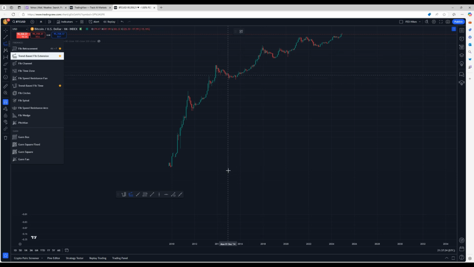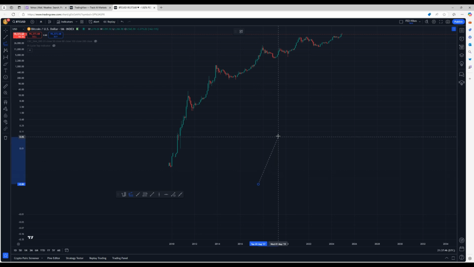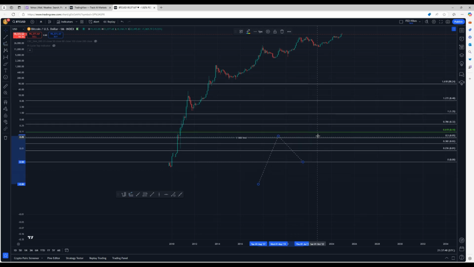There's a time to be bullish, time to be bearish, and Bitcoin had its bear market, and we are 2 years into a bull market currently. But we're going to go back here in time and use the trend-based fib extension. It takes 3 points. I'll show you how we work it. It's a bottom to a top to a bottom.